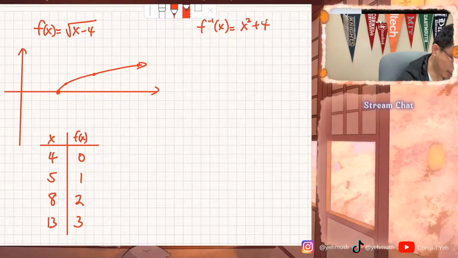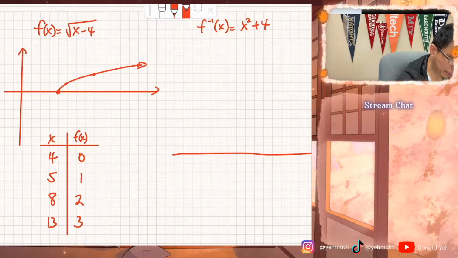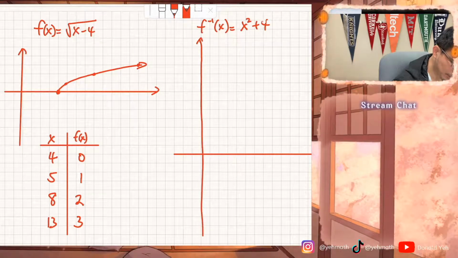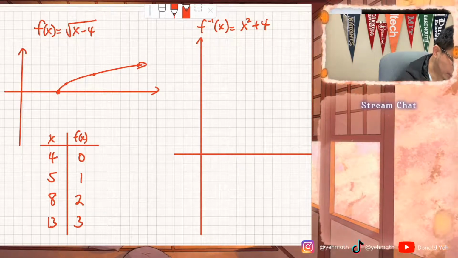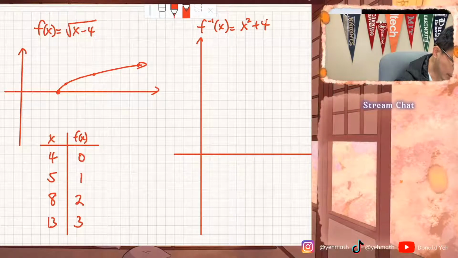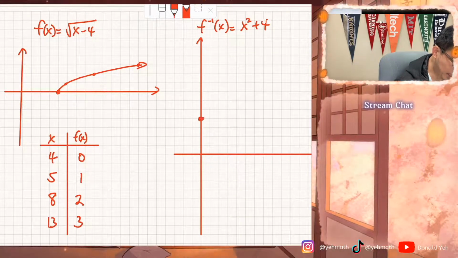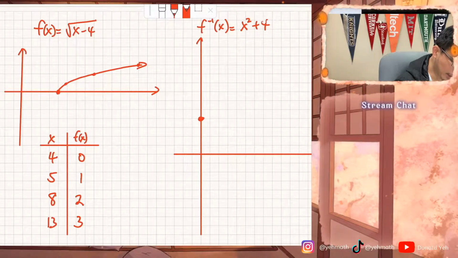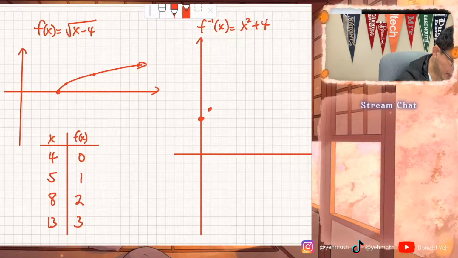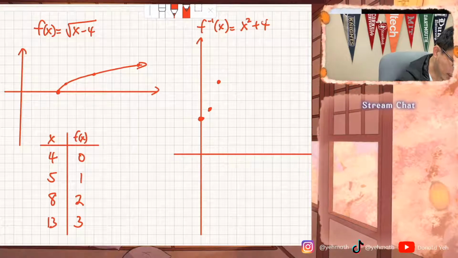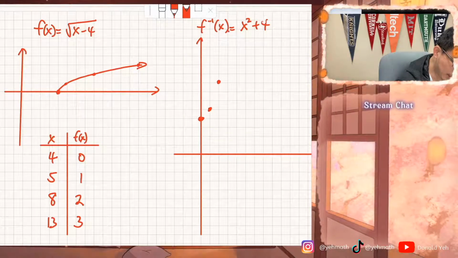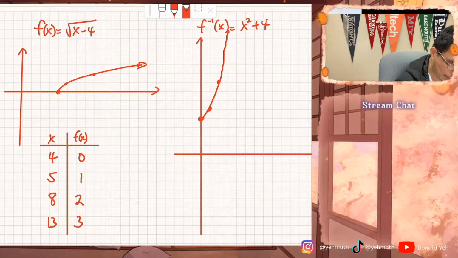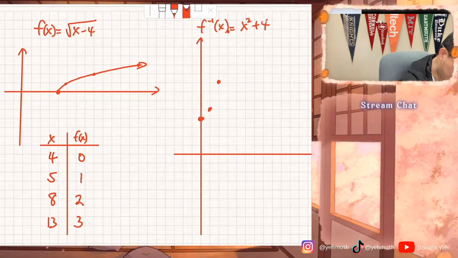Now, this one I'm going to draw a little bit this way. There was a reason for that. So it's going to be x squared plus 4. It's going to be like this, and like this. Oops, my bad.